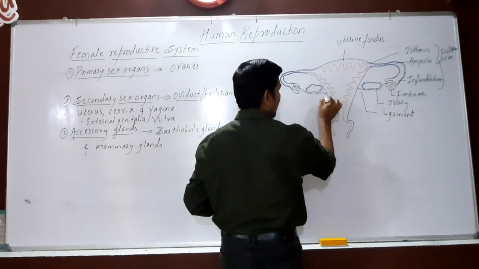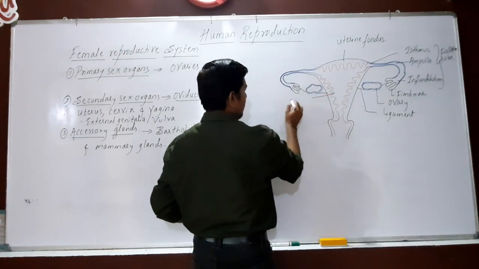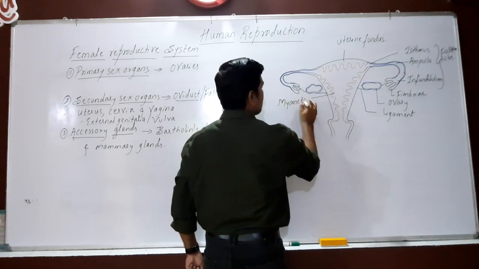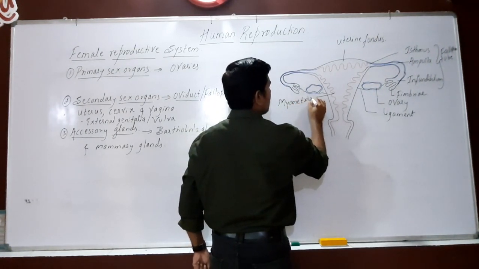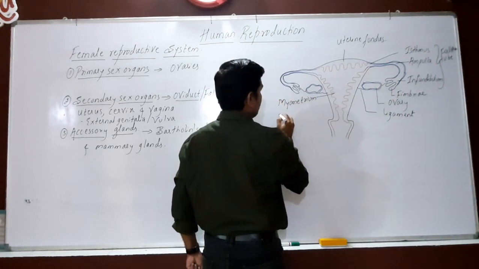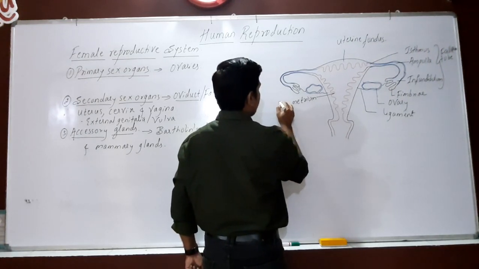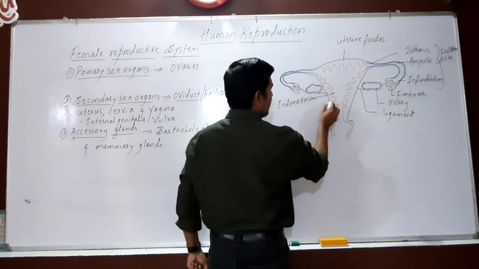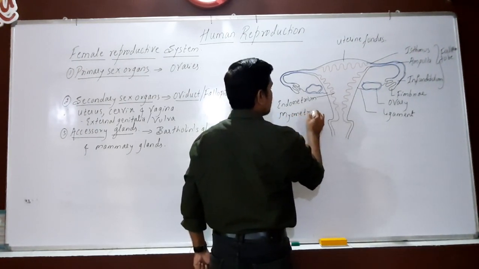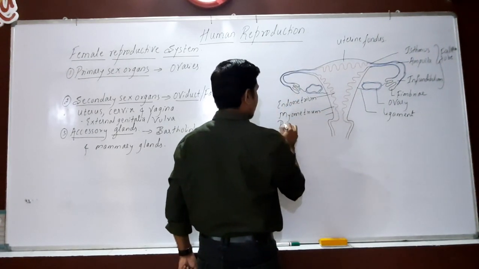It consists of an inner part, which is the endometrium. The middle part is the myometrium. And the outer part is the perimetrium.